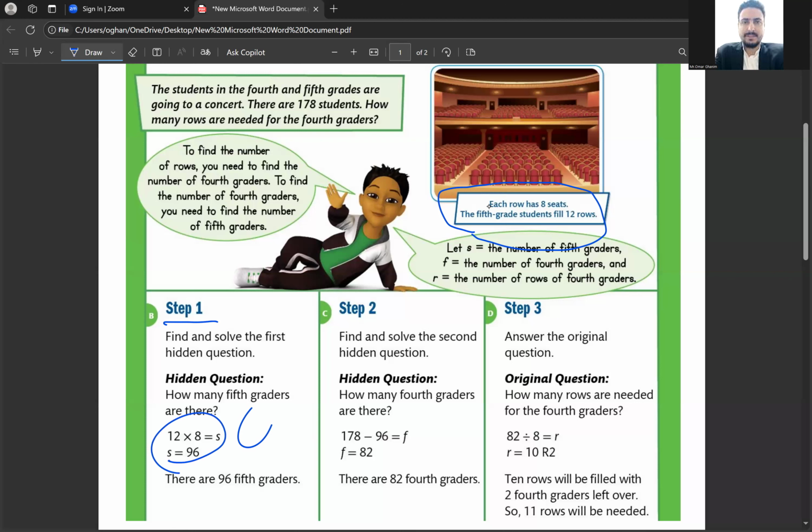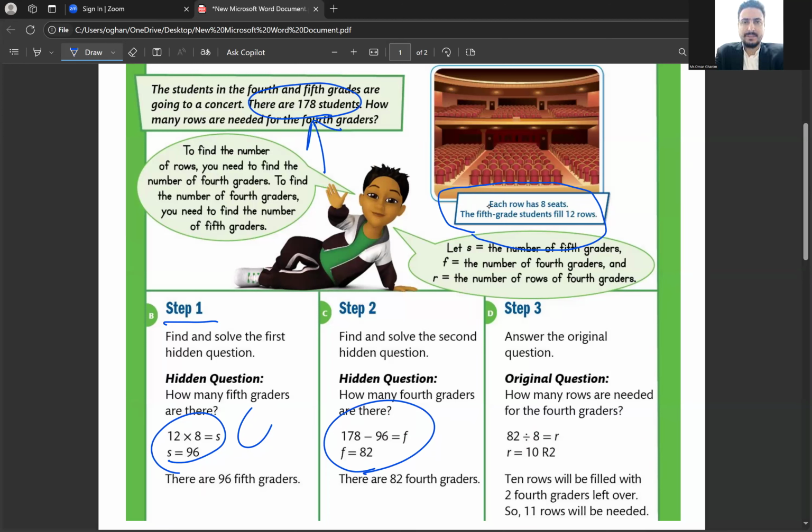That gives us 96. We do that to find the number of students in grade 4, because we got the total number here, 178. If we subtract the number of students from grade 5, we get the students of grade 4. So we have 178 minus 96 equals 82.